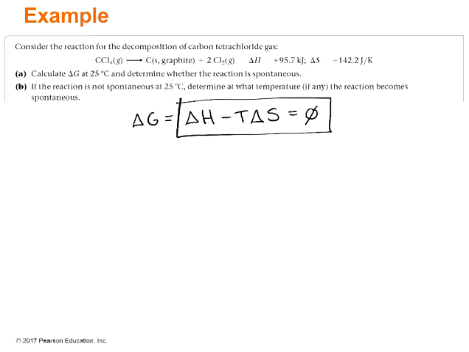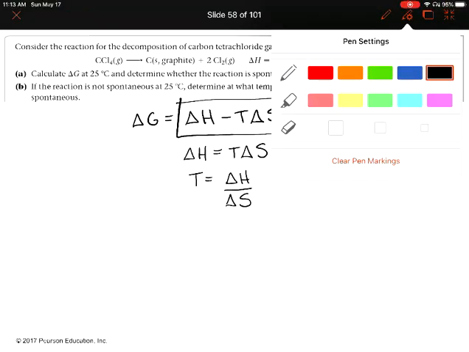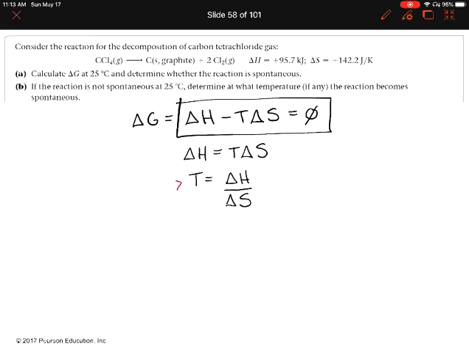So if we rearrange, let's say delta H is equal to T delta S. So we just added T delta S to both sides. And then if we rearrange to solve for temperature, temperature is equal to delta H over delta S. And that is the temperature at which the reaction becomes spontaneous.